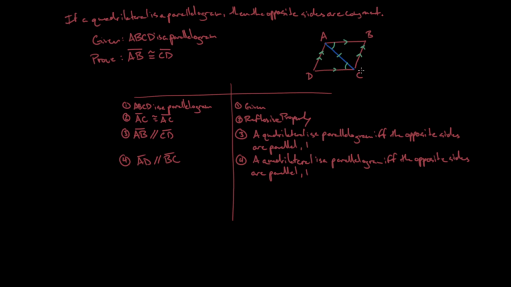So the first one is angle BAC. Angle BAC is congruent to angle, let's see, DCA. And that would be because if the lines are parallel, then the alternate interior angles are congruent.